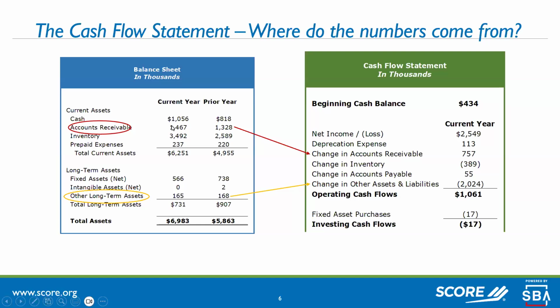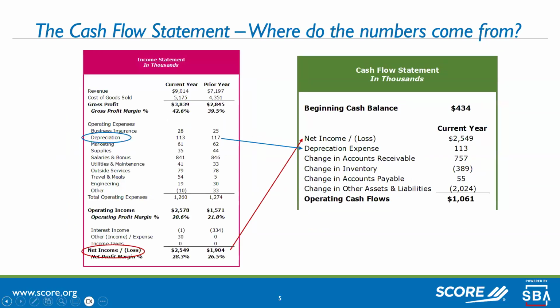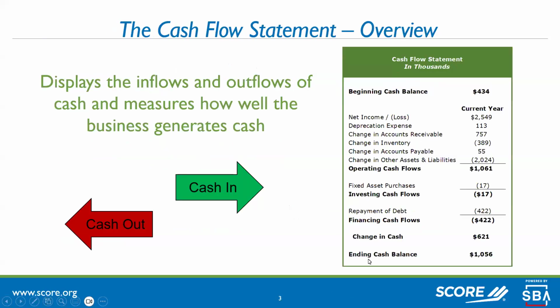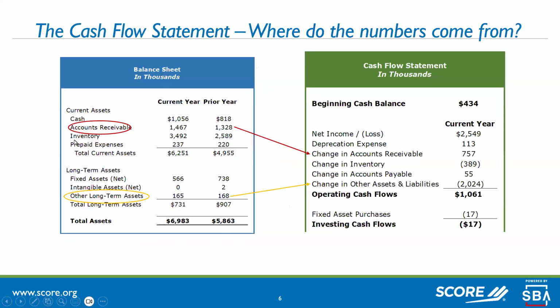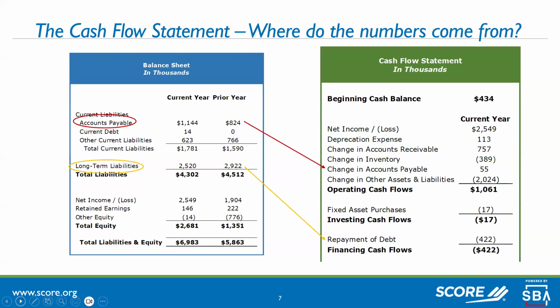But here's our current year balance. And if we go back to our first slide, that was our ending cash balance. So this was the cash movements from one period to the ending period, to the ending cash balance of the current year on our balance sheet. So that was walking us through to here.